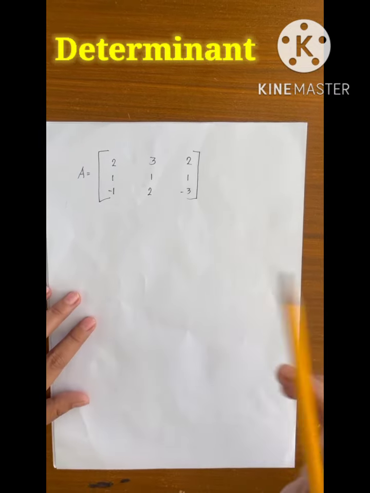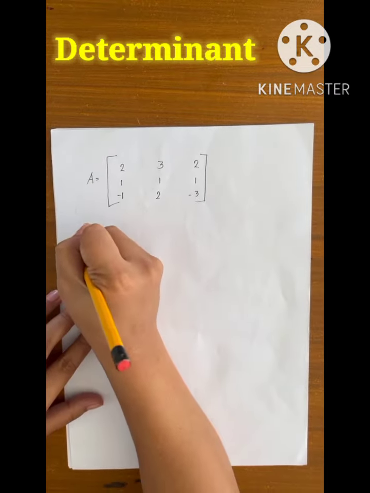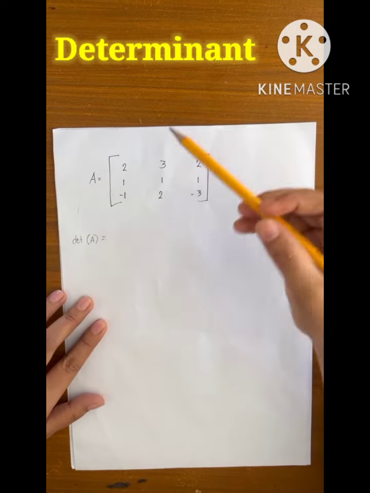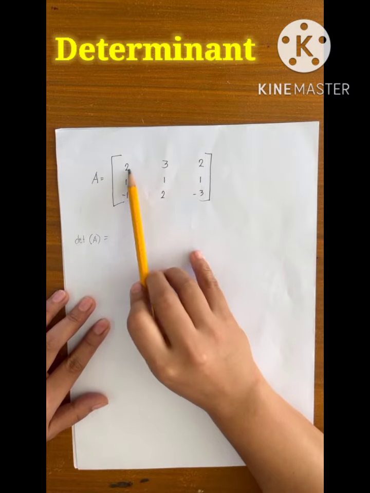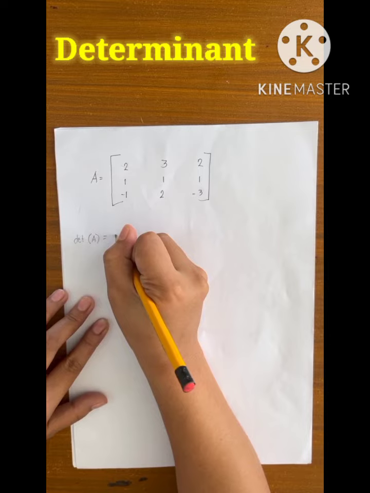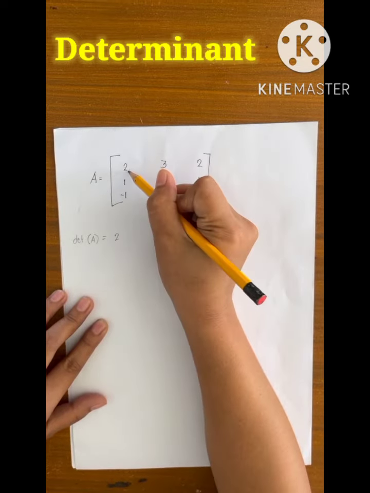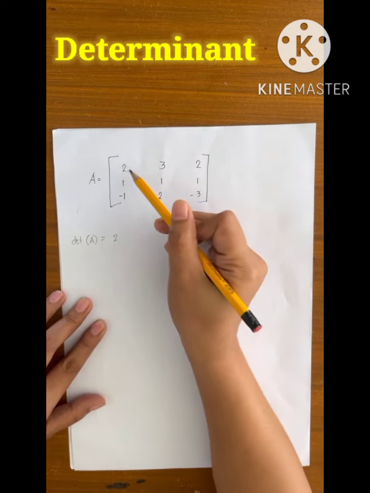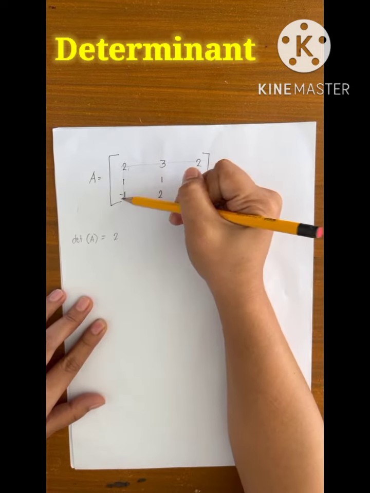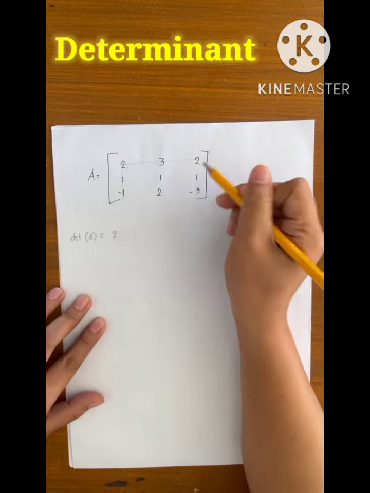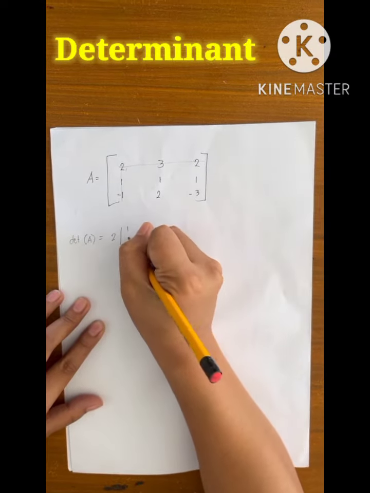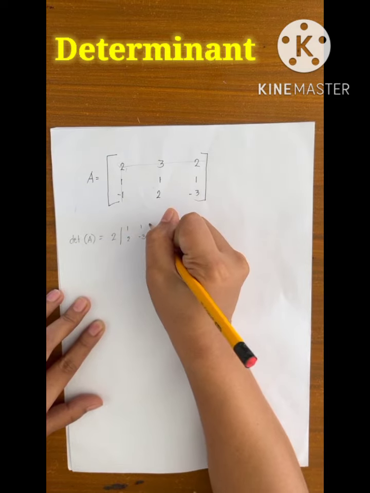So first, we will write the determinant of A. The first row will be our scalars, so we will use first 2. 2 is in row 1 and column 1, so we will eliminate or cross out the first row and the first column. The remaining elements there are 1, 1, 2, and negative 3.